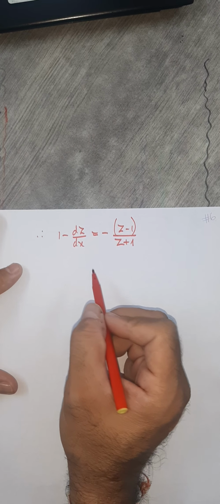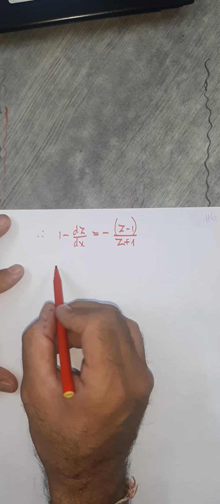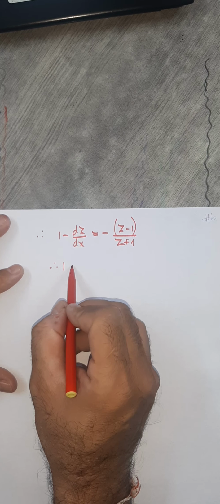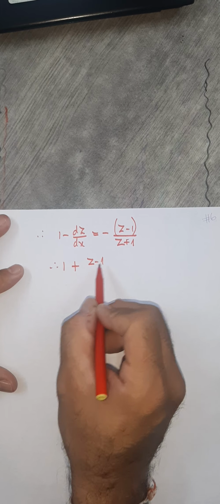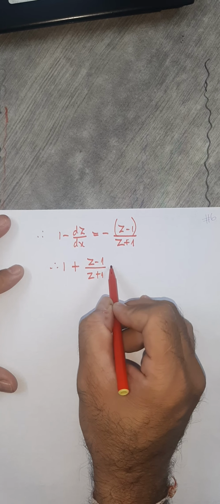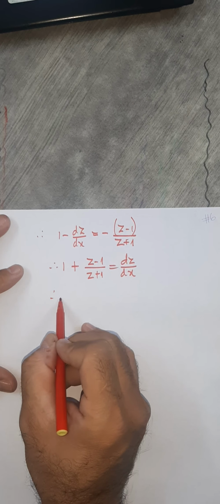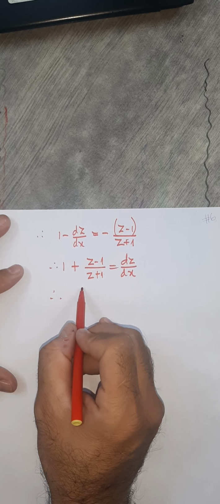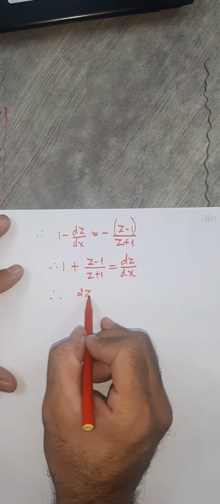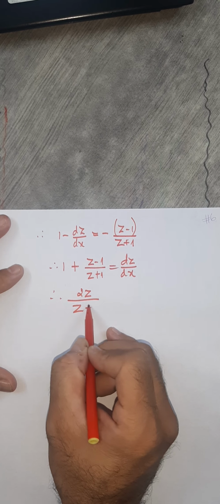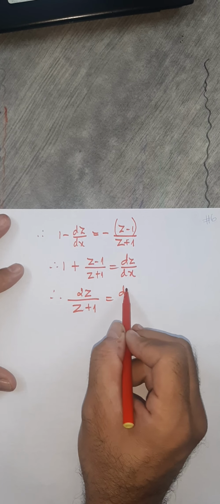Okay, you can take this expression over here. So 1 plus (z minus 1) upon (z plus 1) equals dz by dx. If I take LCM here, the 1s will get cancelled, so you have 2z upon (z plus 1) equals dz by dx.